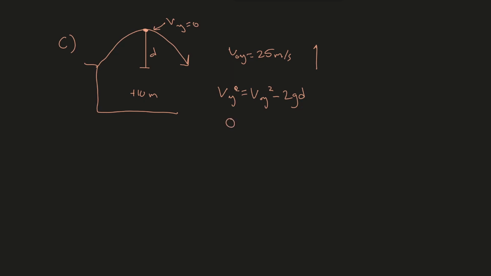So this equals 0. But what you might notice is that we can just bring some stuff over. So solving for d gives d is equal to v0y squared over 2g. And we're going to set g equal to 10 meters per second squared, because that just makes life easier. But anyway, this is going to give 625 over 20, which is approximately equal to 3.13 meters.